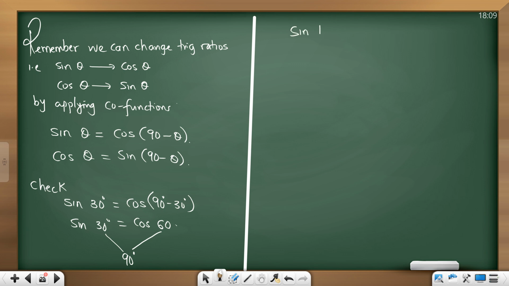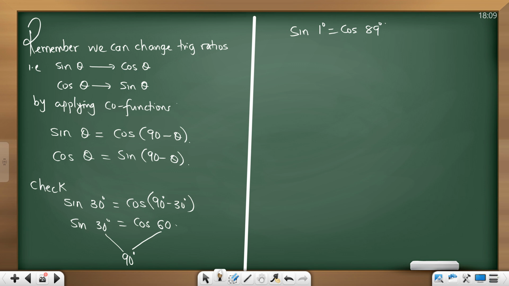Sine 1 is the same thing as cos 89. We even did this last week, when we did that sigma thing. Do you remember that sigma one? Good. So this is very important.